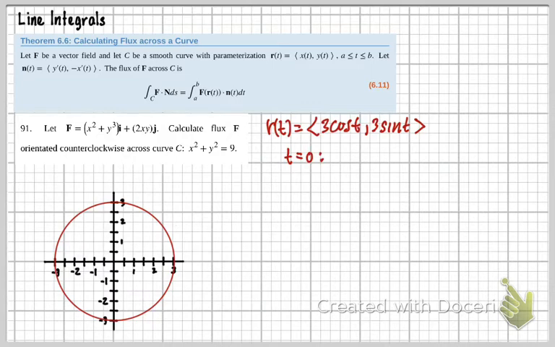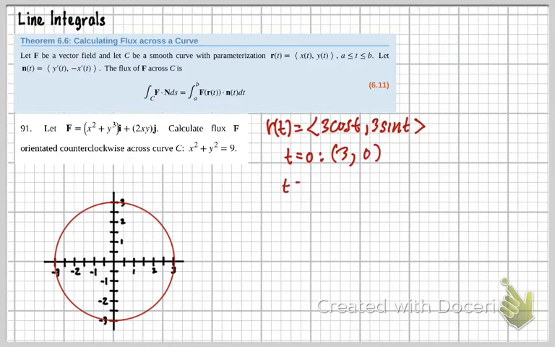For the first component, cosine of 0 is 1, and 1 times 3 is 3. For the second component, sine of 0 is 0, times 3 is 0. So it's going to give me the point (3, 0).